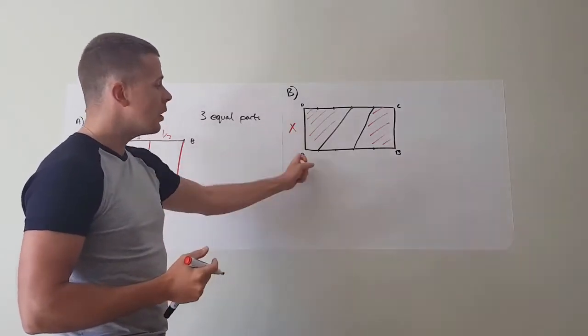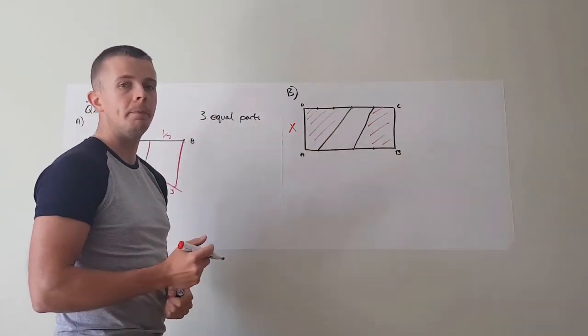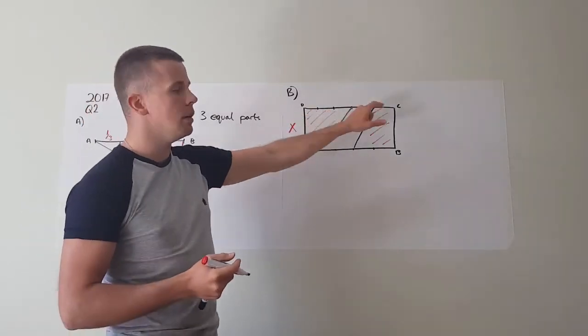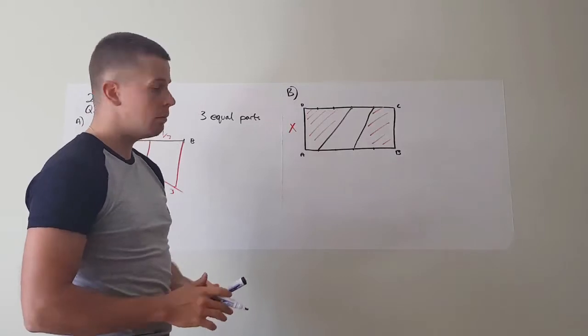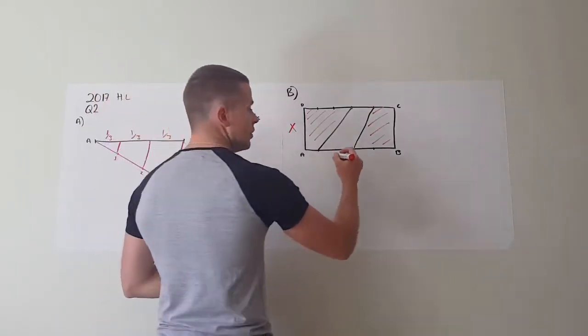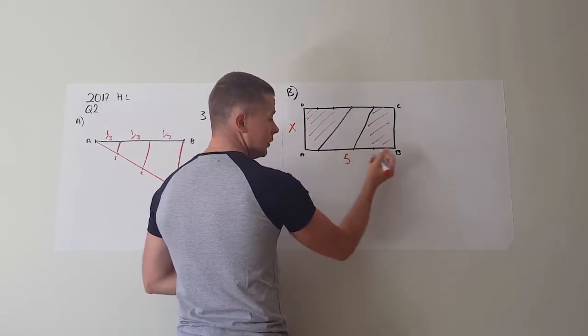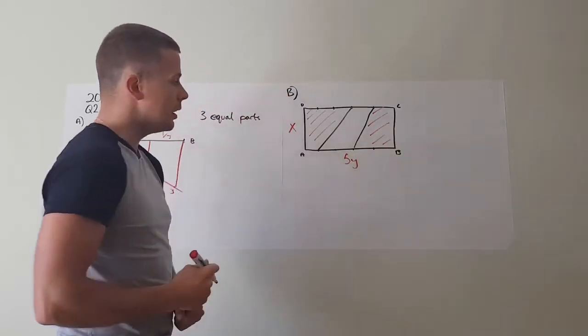Looking from A to B and D to C, could I do the same? Bearing in mind that these 2 lines are divided into 5 equal parts, there are 5 of whatever length they are. You could leave it as 5, but we'll call it 5y for the time being.